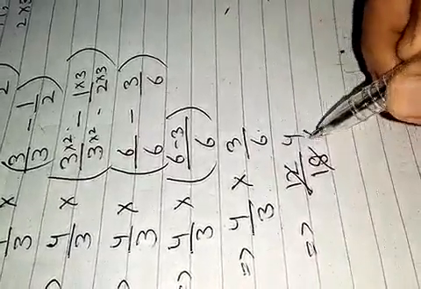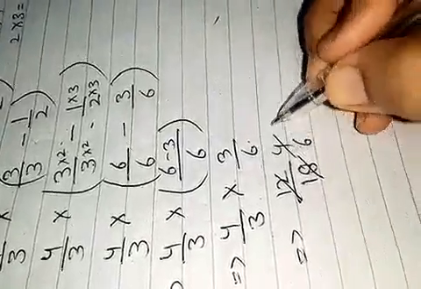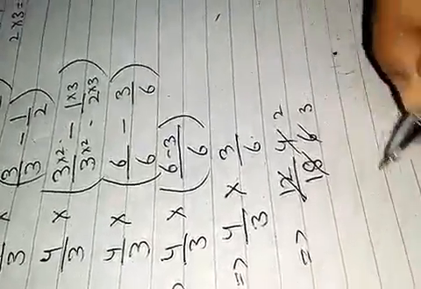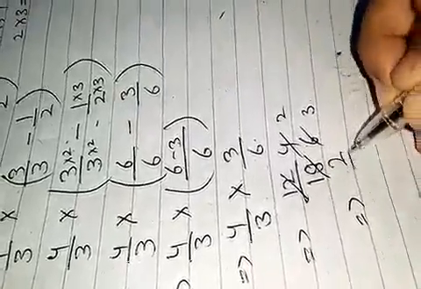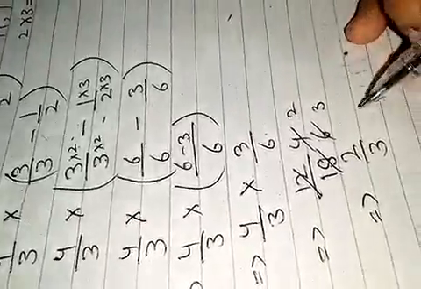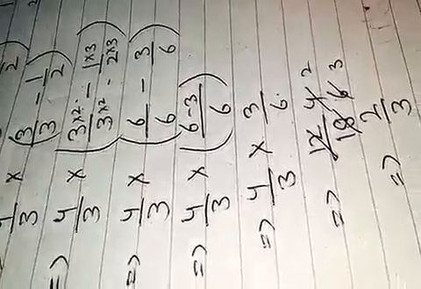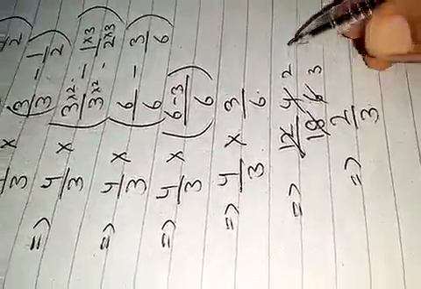Now we have 4 upon 6, and 4 upon 6 can be divided by 2. So 2 2s are 4, 2 3s are 6. So 2 upon 3 is your answer. You could write this as a mixed fraction, but this is a proper fraction, so this is the answer.